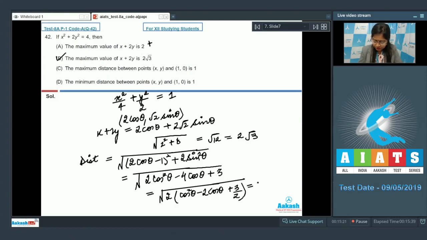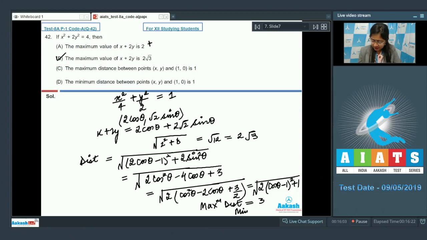That is equal to under root of 2 times (cos theta minus 1) whole square plus 1. So we can say that the maximum distance will be when cos theta is equal to minus 1. So it will be minus 2 whole square, that is 4 into 2, that is 8 plus 1, that is 9, root, that is 3.